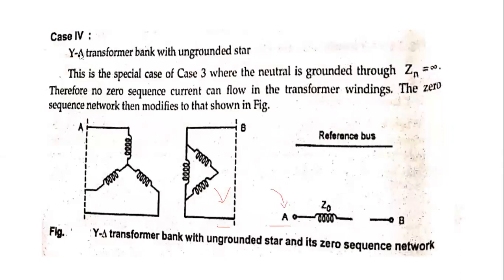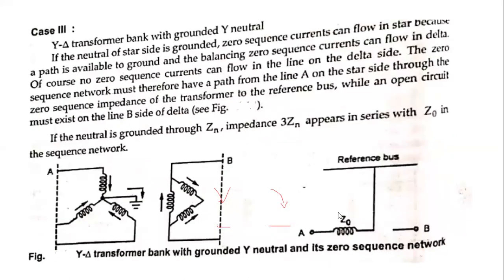If the windings are connected in star delta with ungrounded, there is no grounding for either winding. This is the star connection of the primary winding and this is the delta connection of the secondary winding. Then the equivalent zero sequence reactance diagram is A and B. B is open circuited and A has the reactance.